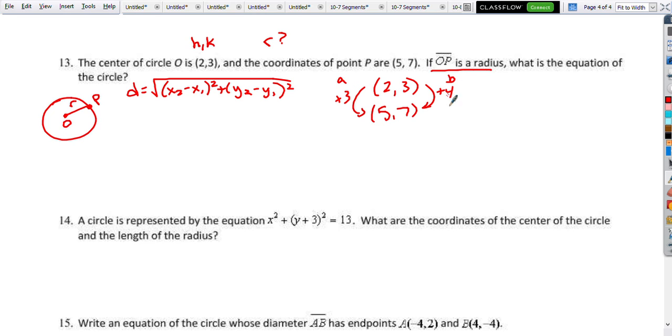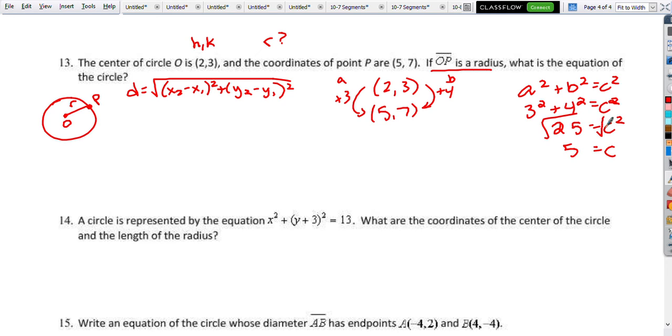That's a, that's b, let's go find c. So a squared plus b squared is equal to c squared: 3 squared plus 4 squared, 9 plus 16 is 25, and this is 5 when you take the square root. So that's the radius.